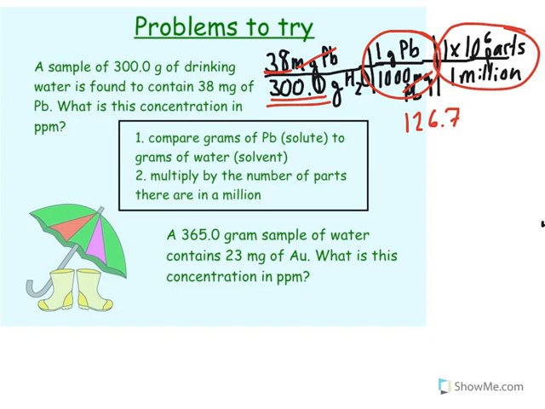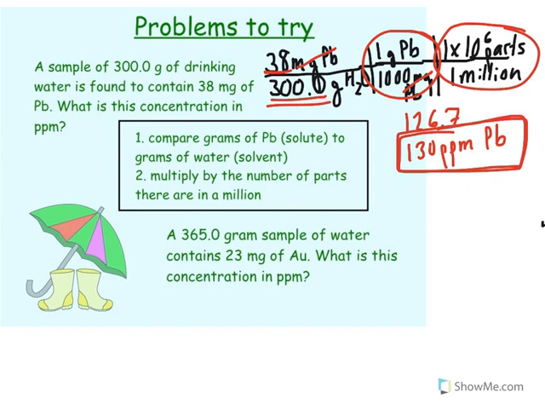And what we would say is there's 130 parts per million of our lead. And what you could do is then see, is this a safe level for drinking water or not, depending on the municipality. Different cities have different ranges for how much lead can actually be in the water.